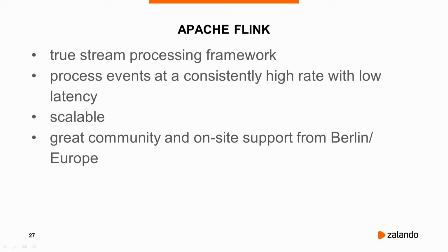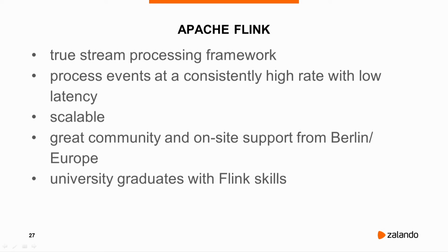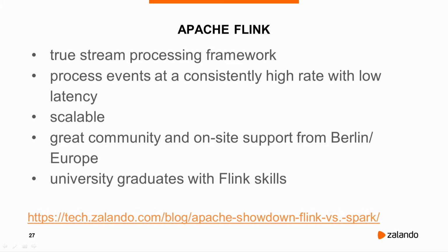Last but not least, we also have access to university graduates with Flink skills, as Flink originates from the Stratosphere research project, which was developed from Berlin's academia. If you would like to find out more about the evaluation, I invite you to have a look at our blog post.